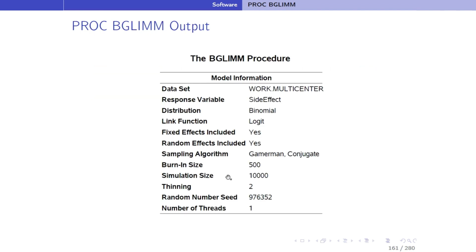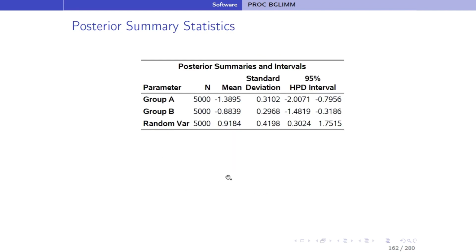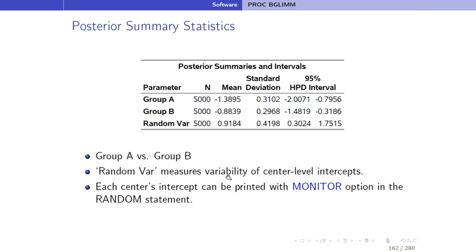Again, it's the same thing here as the model information table and the posterior summary statistics table. You have group A versus group B. Random var measures the variability of the center-level intercept. This is the G-side variance parameter for the RANDOM statement. And each center's intercept doesn't come out by default because there are 15 of them.